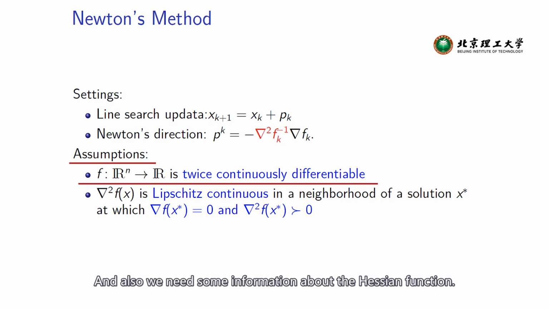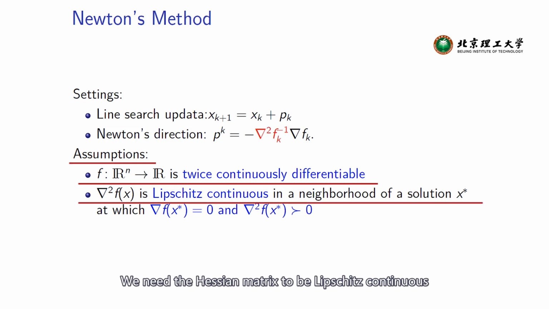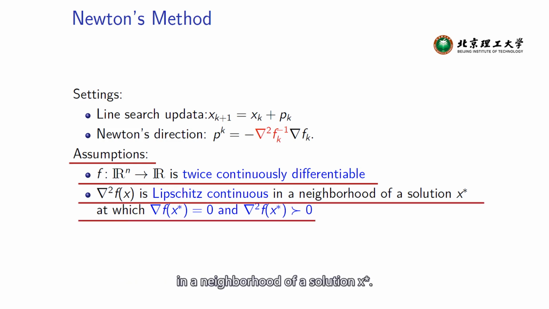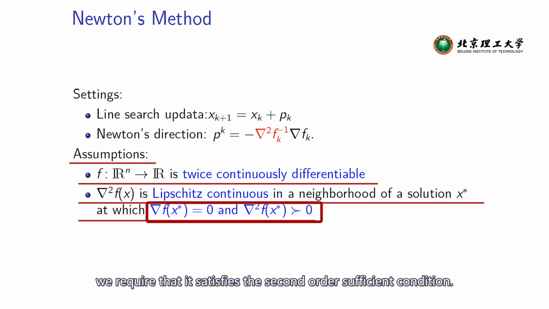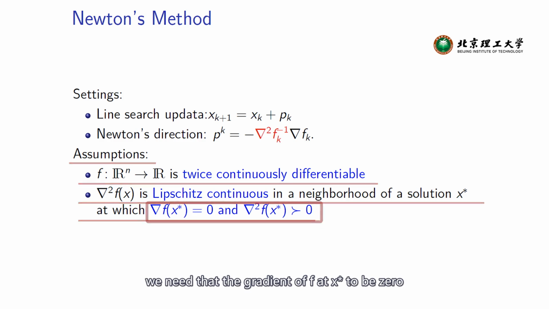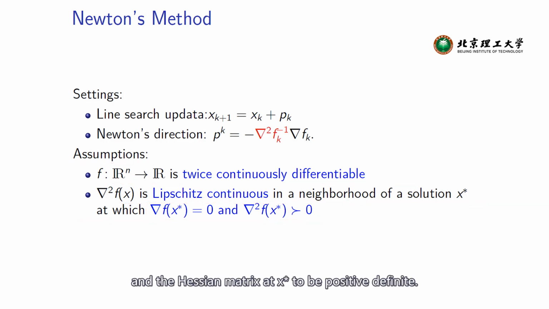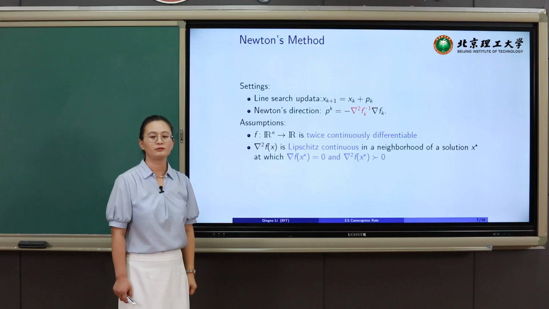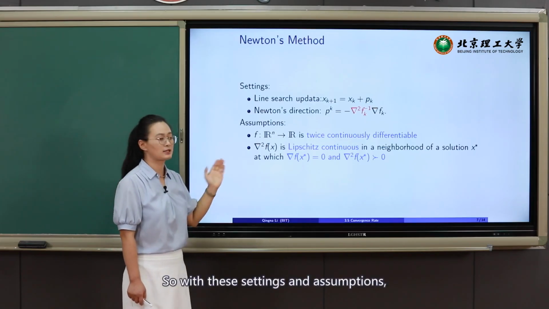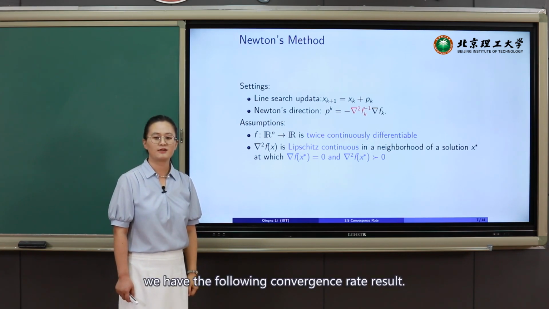We need the Hessian matrix to be Lipschitz continuous in the neighborhood of a solution x star, as we discussed before. This x star should satisfy the second order sufficient condition. In other words, the gradient of f at x star is 0 and the Hessian matrix at x star is positive definite. With these settings and assumptions, we have the following convergence rate result.